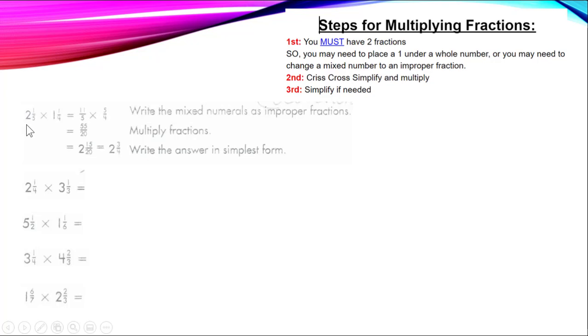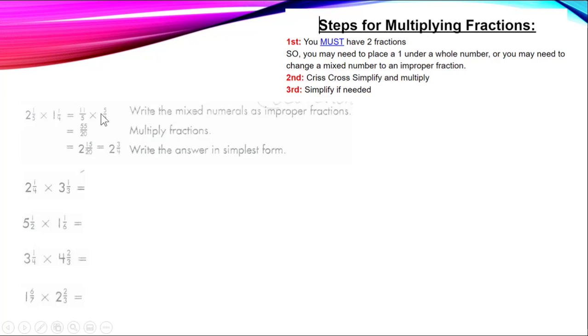So they would take the 2 wholes times the 5 denominator, that gives them 10, plus the 1 numerator, that gives 11 over the 5. Then they take the 1 whole, multiply that by the 4 denominator, that gives them 4, plus the 1, that gives them 5 as the numerator over the 4.